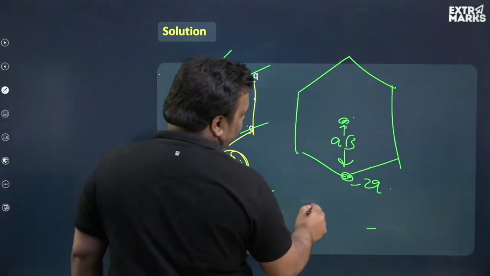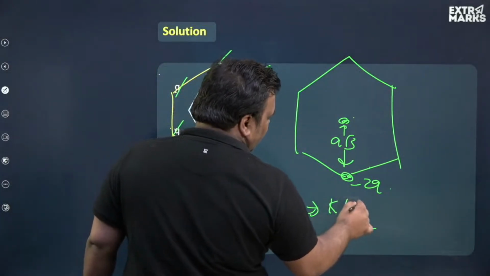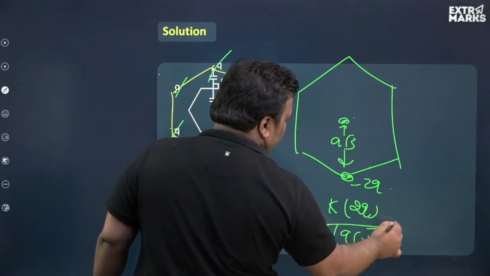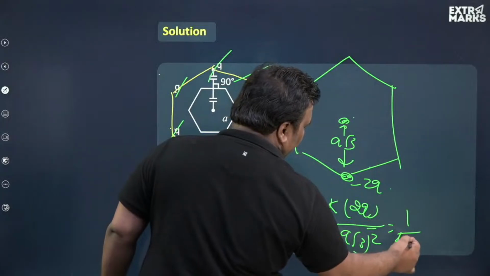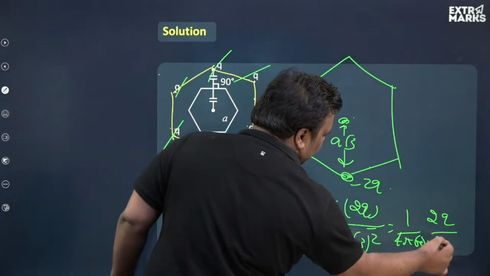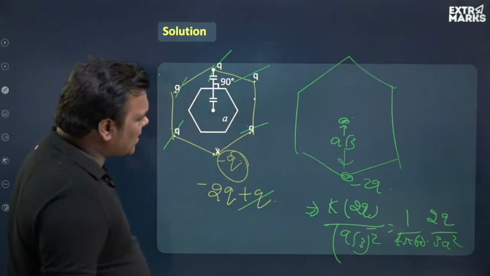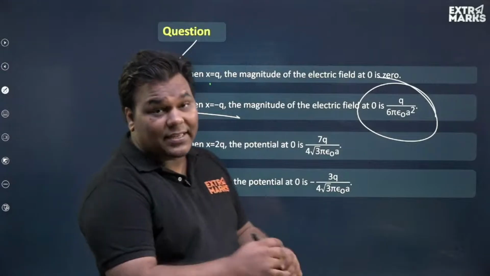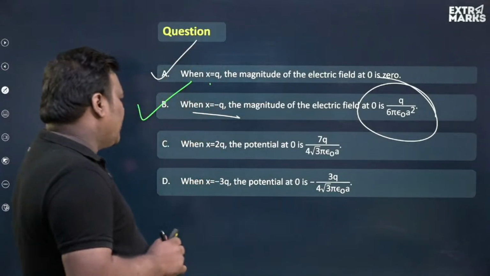So my final answer will be K 2Q divided by A root 3 square, 1 upon 4 pi epsilon naught, 2Q divided by 3A square. So does that resemble option number B? Yes, that is correct. What about C and D?